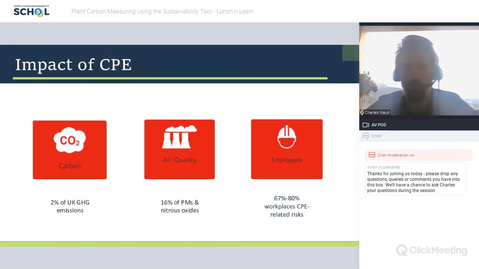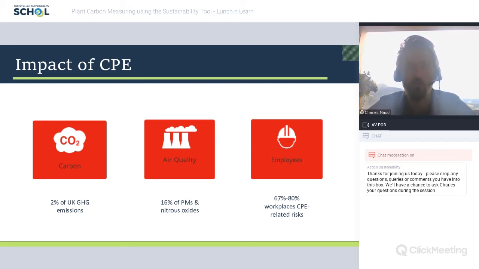In terms of other drivers, when we look specifically at construction plant and equipment, I'm highlighting here three key trends that are driving the importance of getting baseline data and being able to act on it and improve. Obviously, first and foremost is the climate crisis. Through CPE, we're consuming fossil fuels, right?